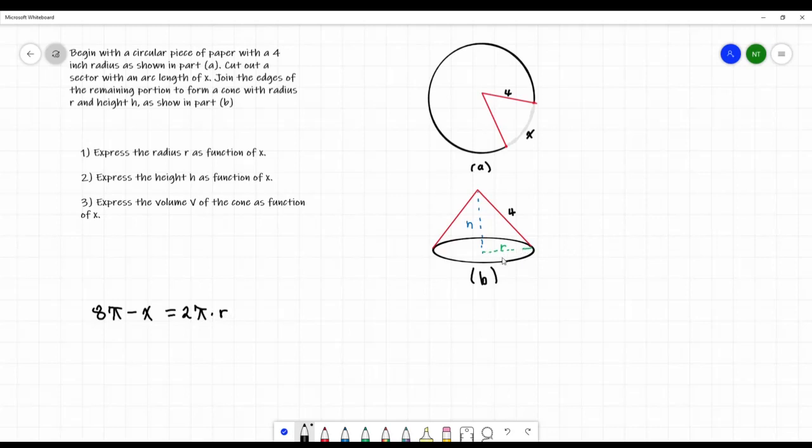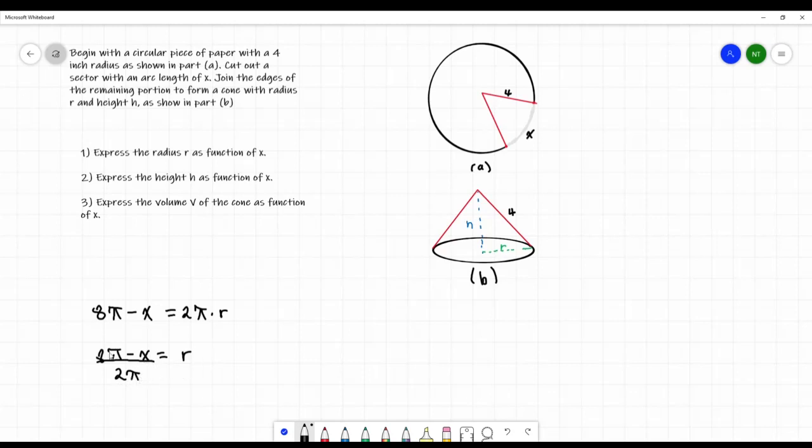Because this r here is from this circle, and the equation for the circumference of a circle is 2 pi times r. So once we do this, we can isolate for r: 8 pi minus x divided by 2 pi is equal to r.